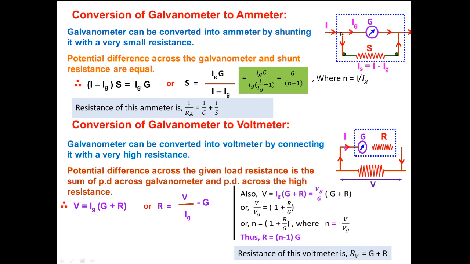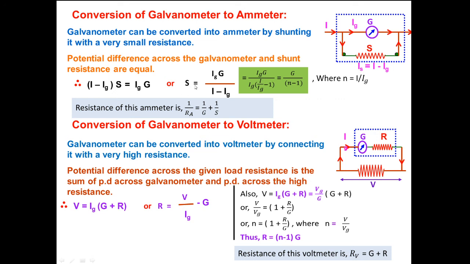Now let us see, if I current is coming and Ig current is towards the galvanometer, then from Kirchhoff's junction rule through the shunt we can say I minus Ig current. But the potential difference across galvanometer and shunt resistance is the same. So potential difference across shunt, that is current into resistance, is I minus Ig into S equal to Ig into G, which is the potential difference across galvanometer.